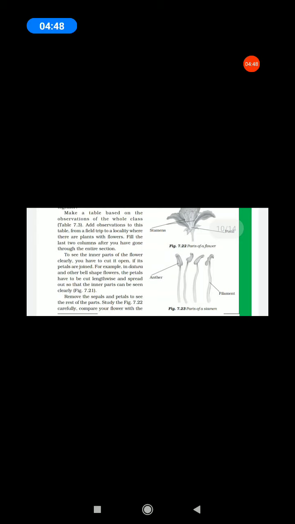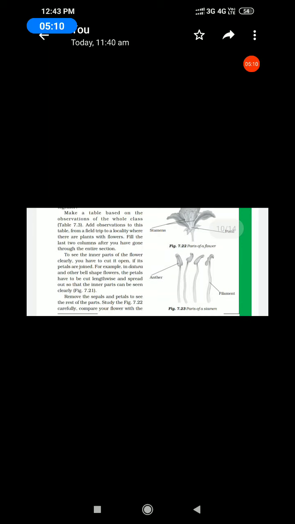If its petals are joined, for example datura and other bell-shaped flowers, the petals have to be cut lengthwise and spread out so that inner parts can be seen clearly.